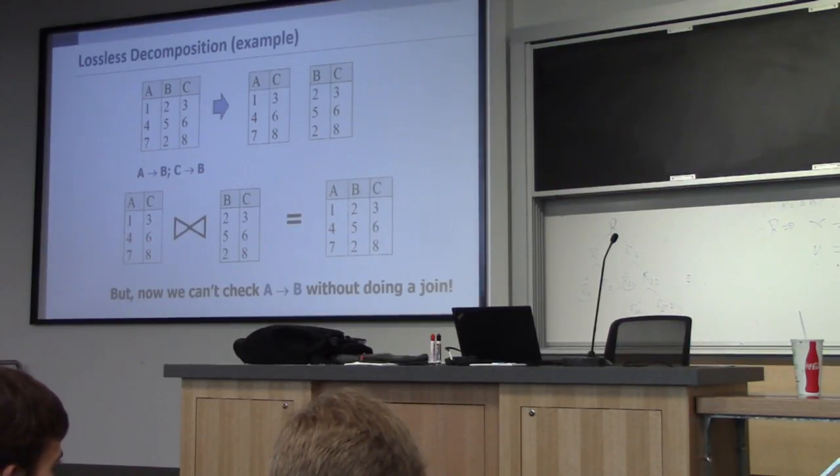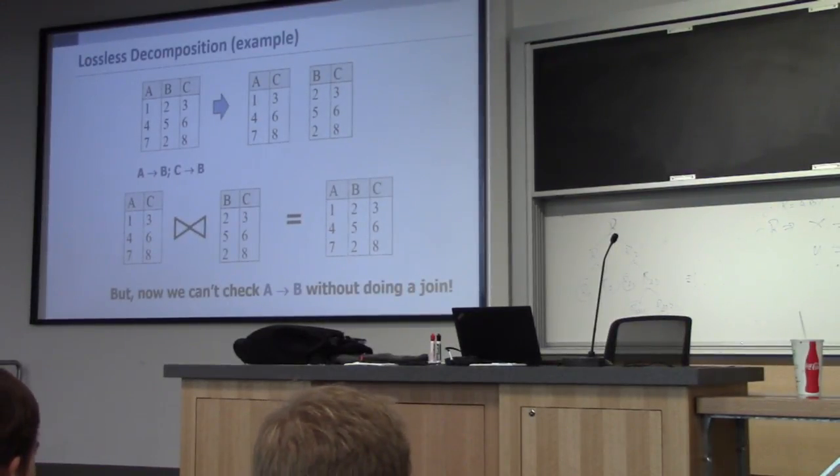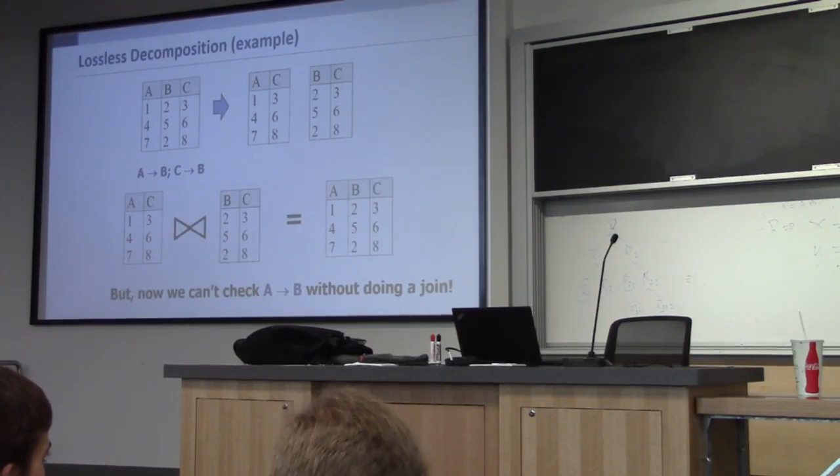The set of functional dependencies that hold with respect to schema X. Yeah, good observation. There's nothing here. It's an empty set. Essentially, this is an empty set, because there's no A determine C, nor C determine A.